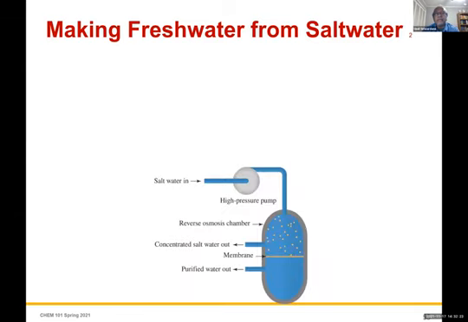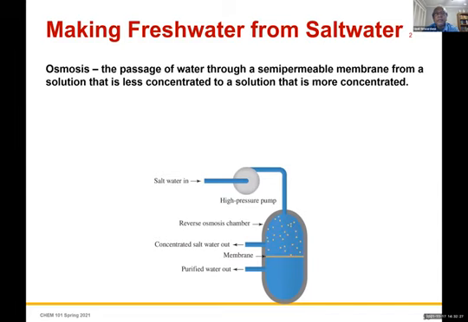There's another process which is called reverse osmosis. You pass water through a semi-permeable membrane by applying pressure from the concentrated to the dilute side. This is the reverse of osmosis. You have to have a high pressure pump to pass water through the semi-permeable membrane.